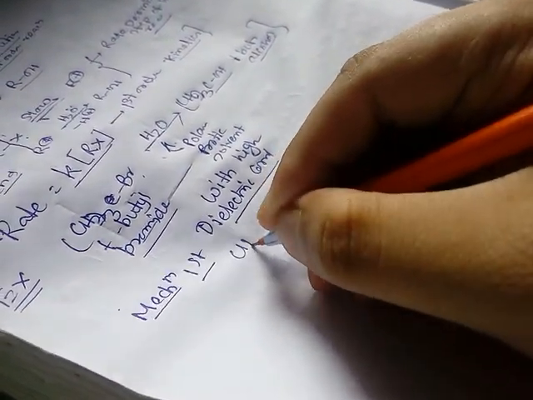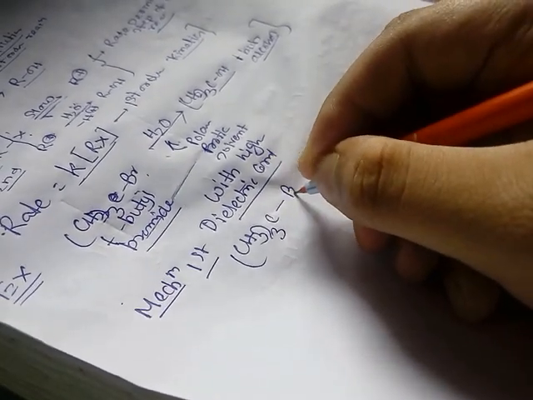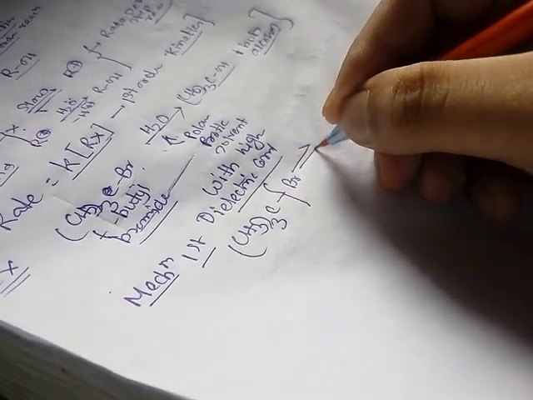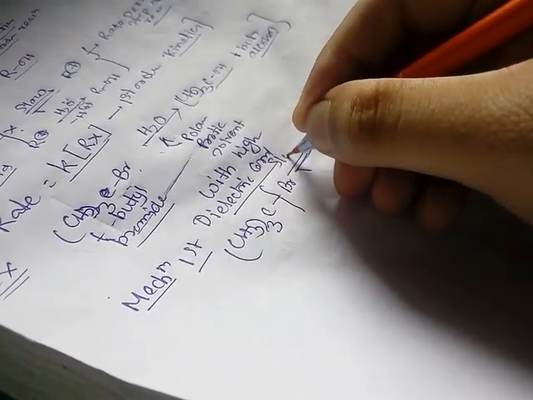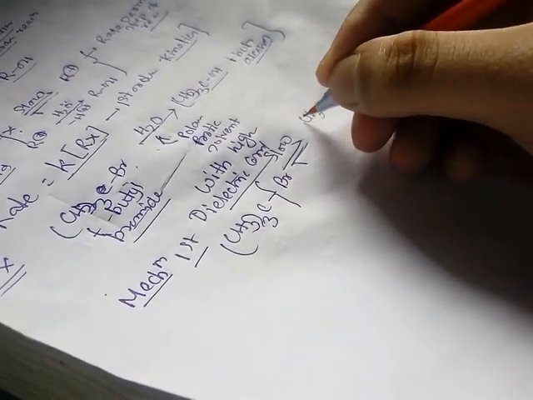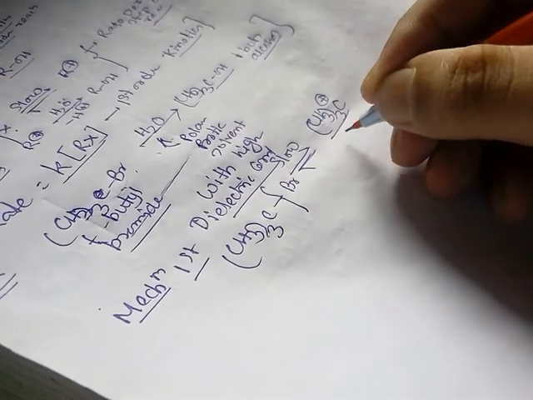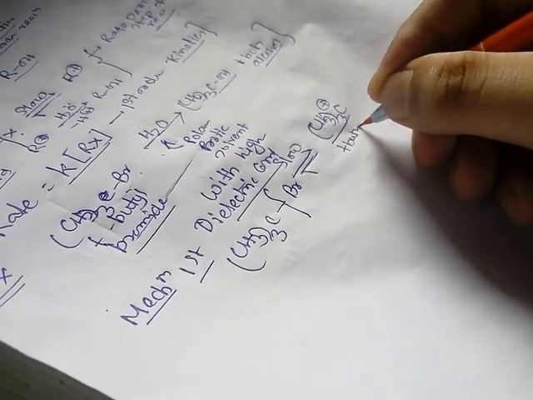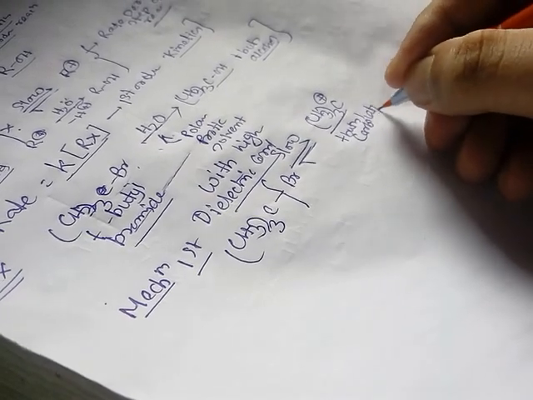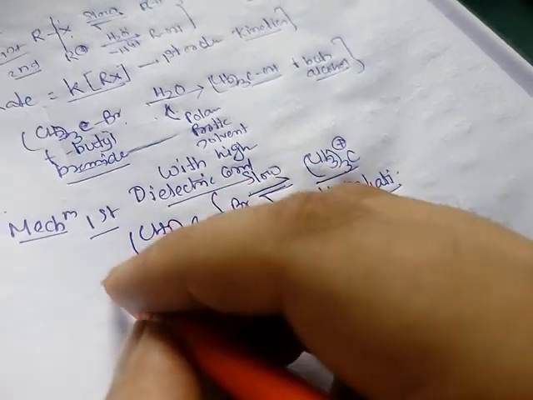In the same case, with tertiary butyl bromide, the C-Br bond breaks, and it is the slow step of this reaction, and it forms the tertiary butyl carbocation.